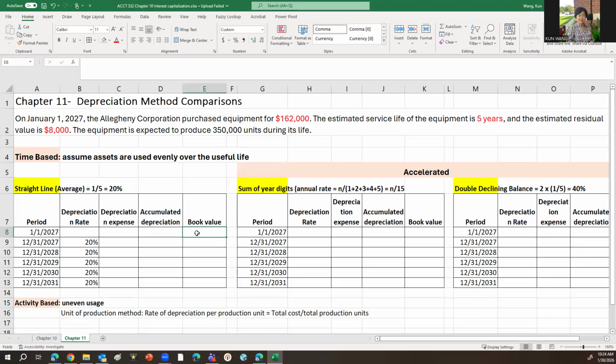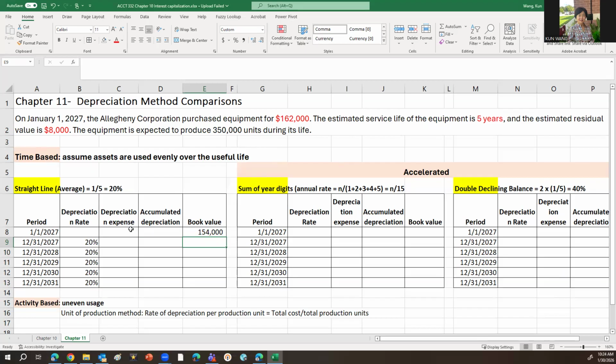My base, okay, I'm putting here as a base. So I will do a calculation. So I put a formula. So I use the original cost minus the residual value. So it's 154,000 rather than 162. Okay, be careful. That's a common mistake I saw from all my prior teaching experience.